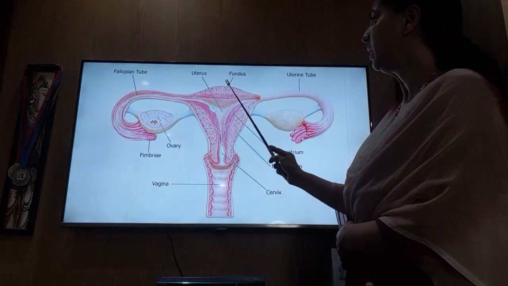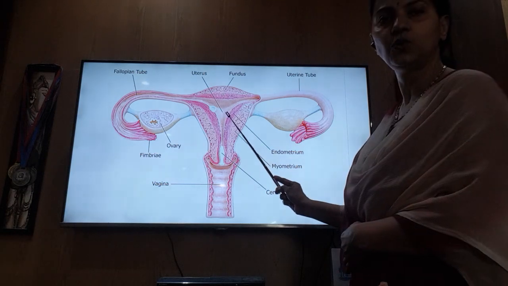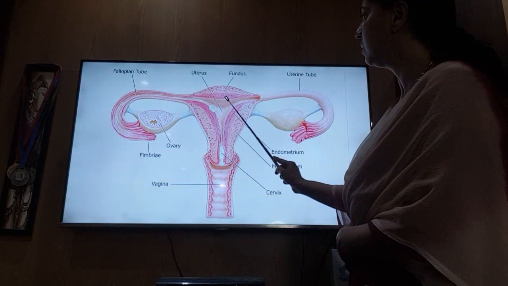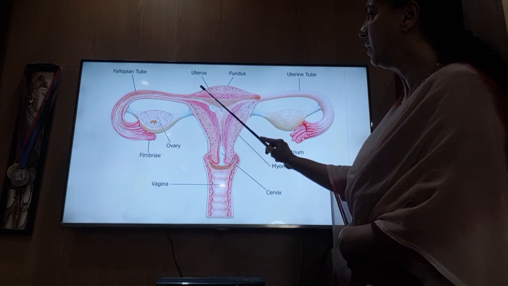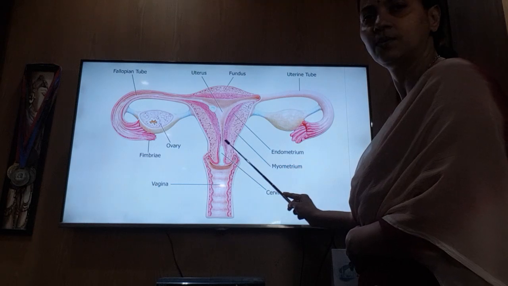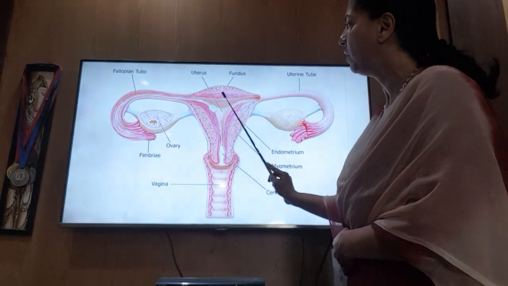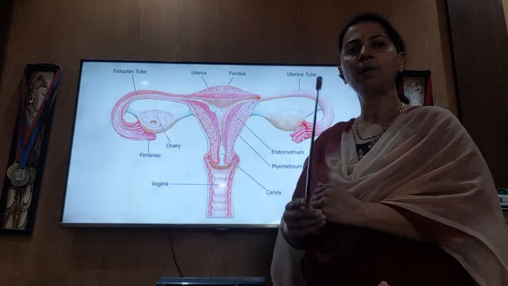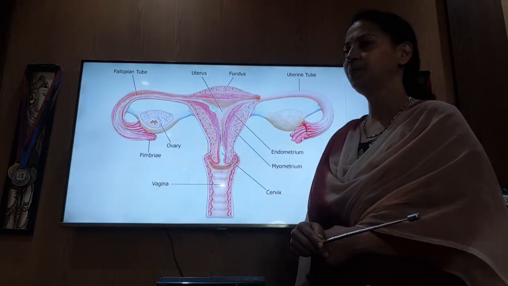Next, you can find bicornuate uterus. Means here you can see a single uterus with a single triangular cavity. But if there is a dip here which can go down up to here, so we will have uterus almost bifurcating into two. That's bicornuate uterus.